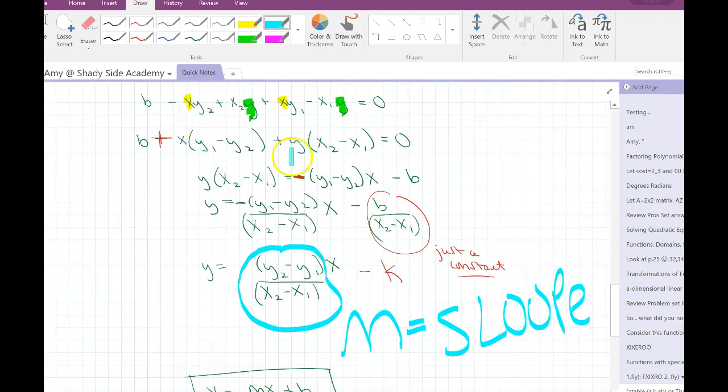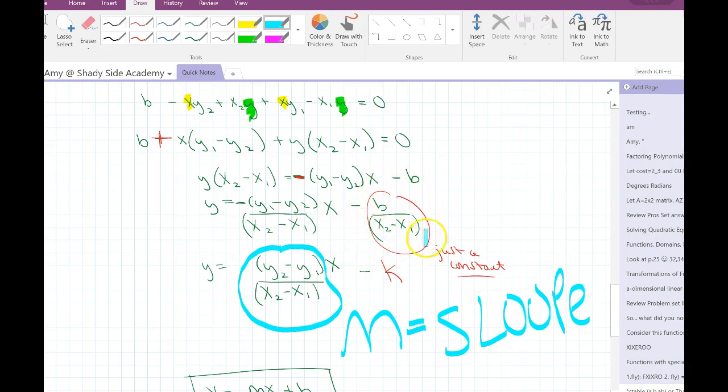Okay, and then I isolated this equation for y. So I subtracted over this term, minus x times y1 minus y2, and I subtracted b, right? Then I divided both sides by x2 minus x1, and I get y equals negative y1 minus y2 over x2 minus x1 times x, minus b over x2 minus x1.